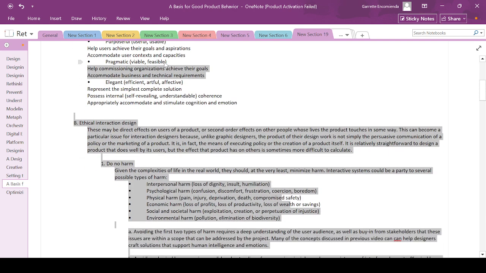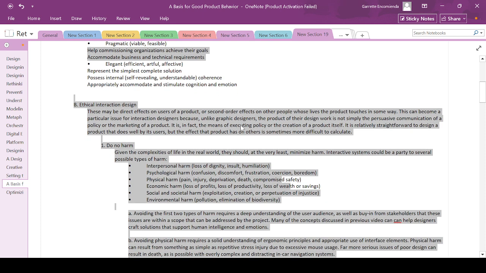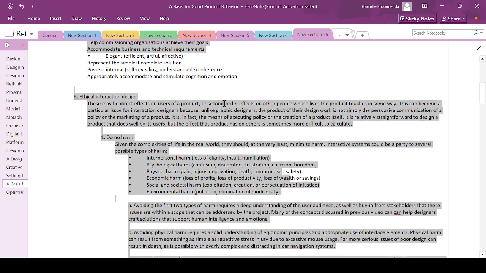They should be pragmatic, viable, feasible, help the commissioning organization achieve its goals, and accommodate business and technical requirements. They should be elegant, efficient, artful, and effective, represent the simplest complete solution, possess internal, self-revealing, understandable coherence, and appropriately accommodate and stimulate cognition and emotion.